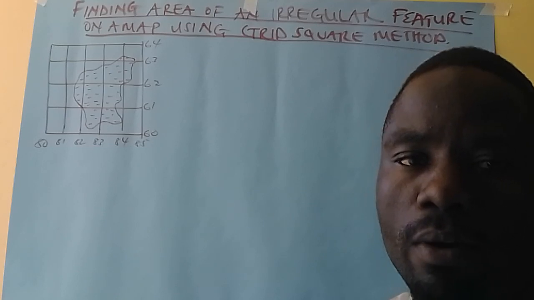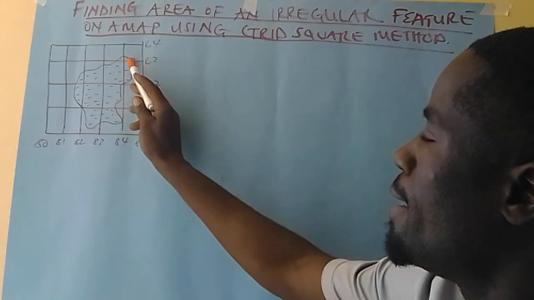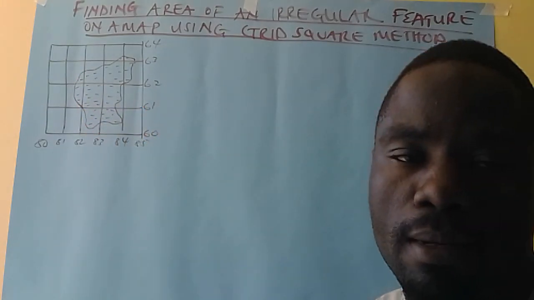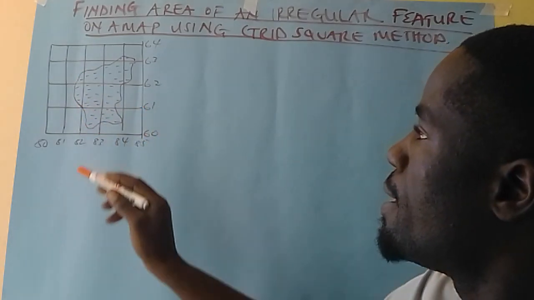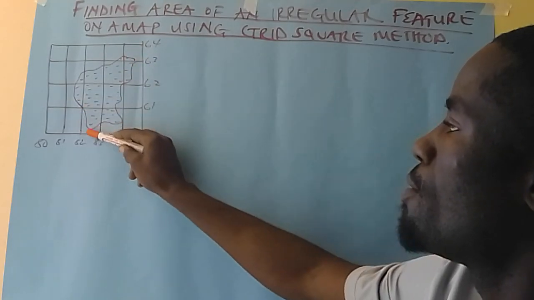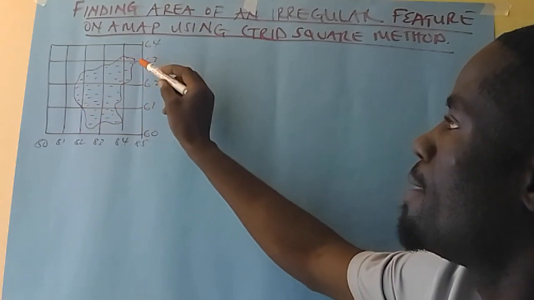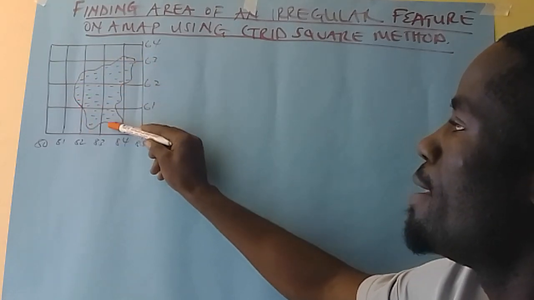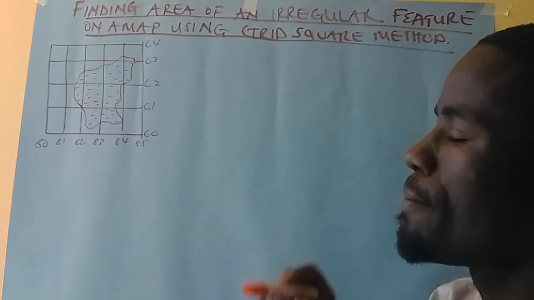So we want to find ways of finding the area of this using some methods. Because we don't have a direct method of finding the area here, since the area is irregular, we don't have a formula for this. But there are ways we can use to find the area covered by this.